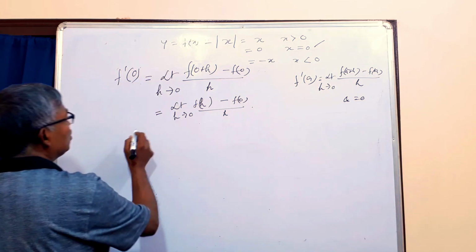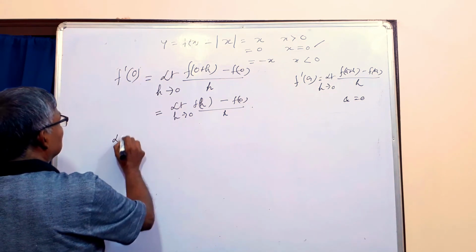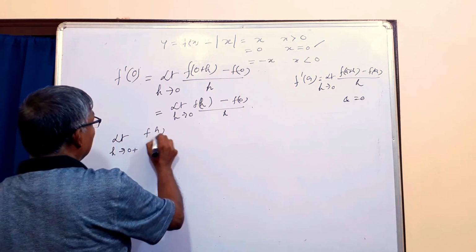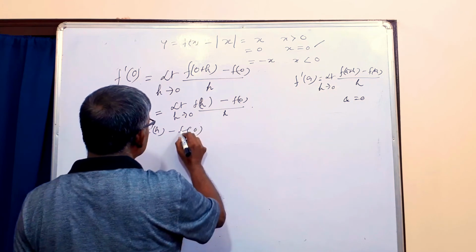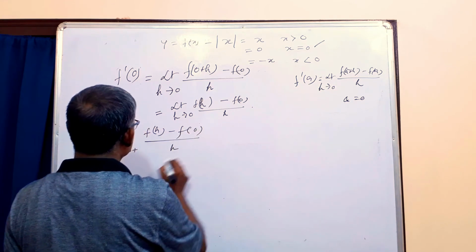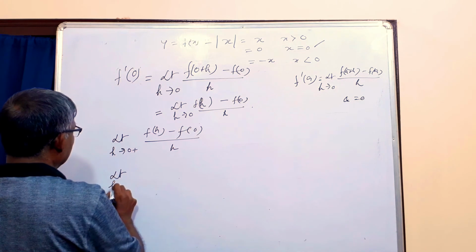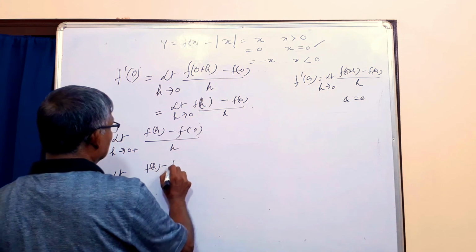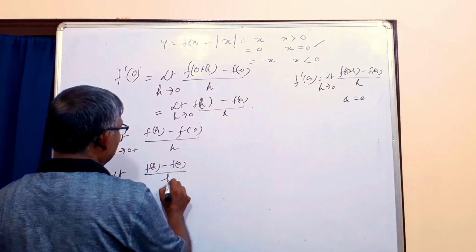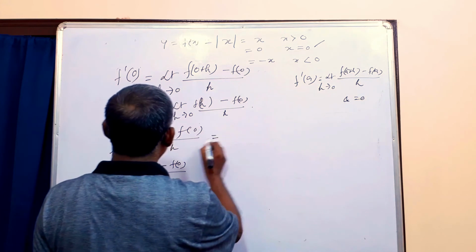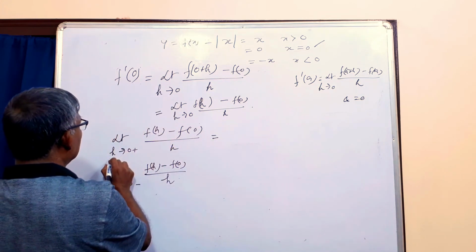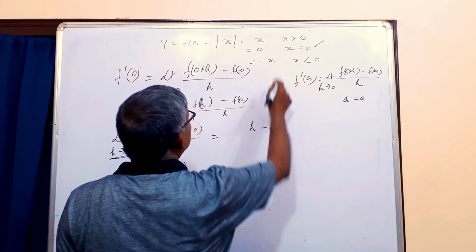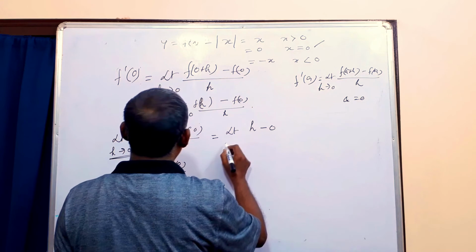Here also two cases, limit h tends to 0 plus of f of h minus f of 0 by h, and the other case is limit h tends to 0 minus of f of h minus f of 0 by h. Here you see f of h, when h greater than 0, f of h means h, minus f of 0 means 0. So what would be the value of the limit?